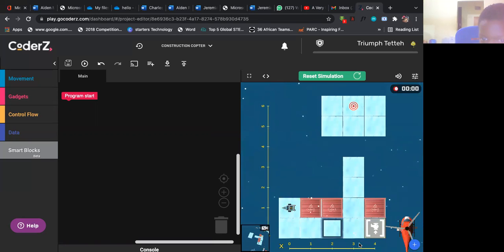If you want to position the ice block here, you say X3, Y4, right? If you want to position it here, you say X4, Y2. If you want to position it here, you say X4, Y3. If you want to position it here, you say X4, Y4. Please, do you all understand how the coordinates work? Yes. Okay.